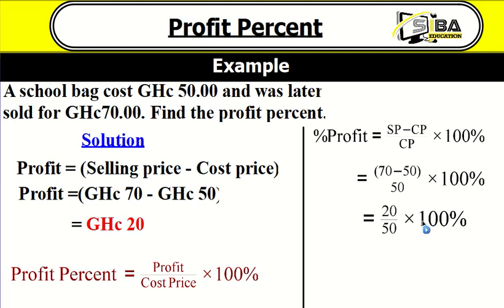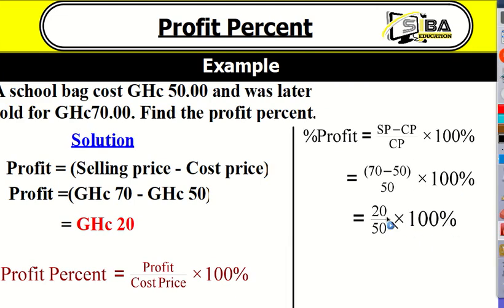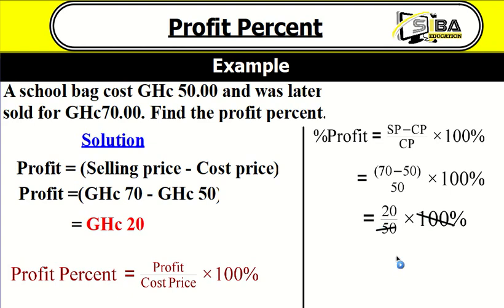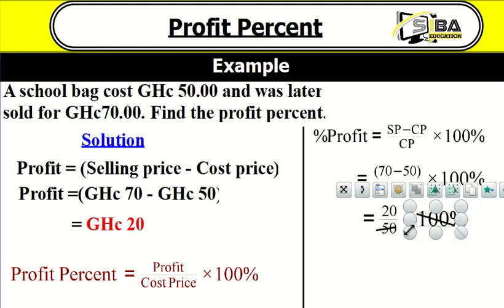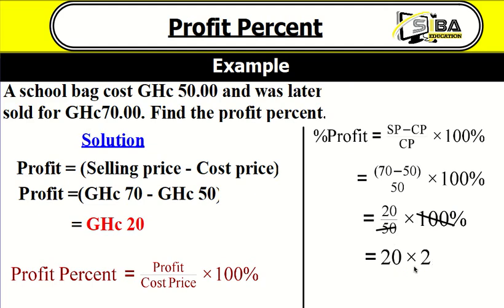By cancellation, the 50 will cancel into 100 two times. So it's going to be 2 times 20, and 2 times 20 here is 40%. So once again, the person, by selling a bag at 70 cedis, made a profit of 40%.